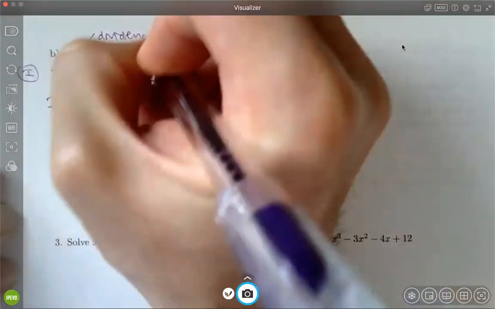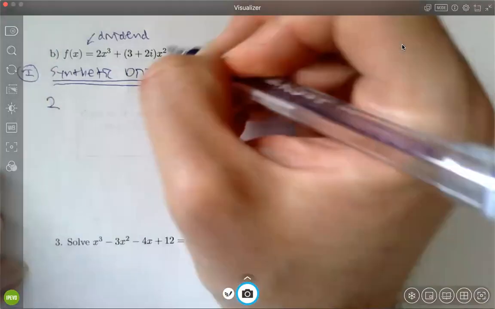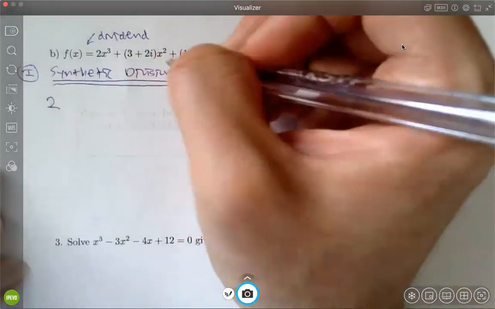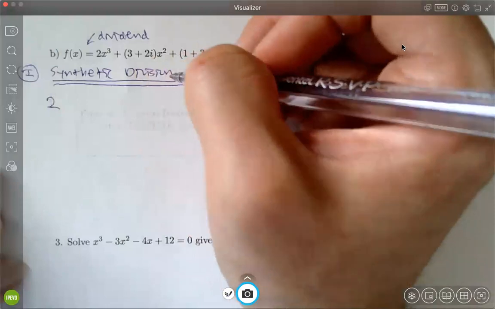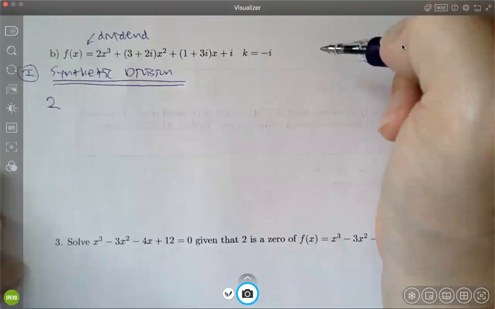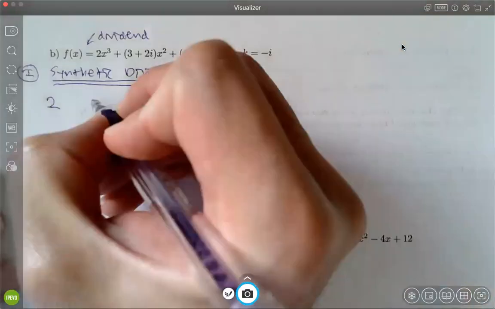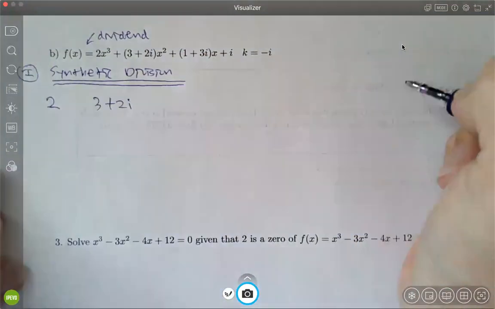Now, what is the next coefficient? The point is, there is a reason that we see parentheses around 3 plus 2i, so don't ever try to distribute x squared. So the next coefficient is 3 plus 2i, because that's what's multiplied in front of x squared, right? And now what's the next coefficient?